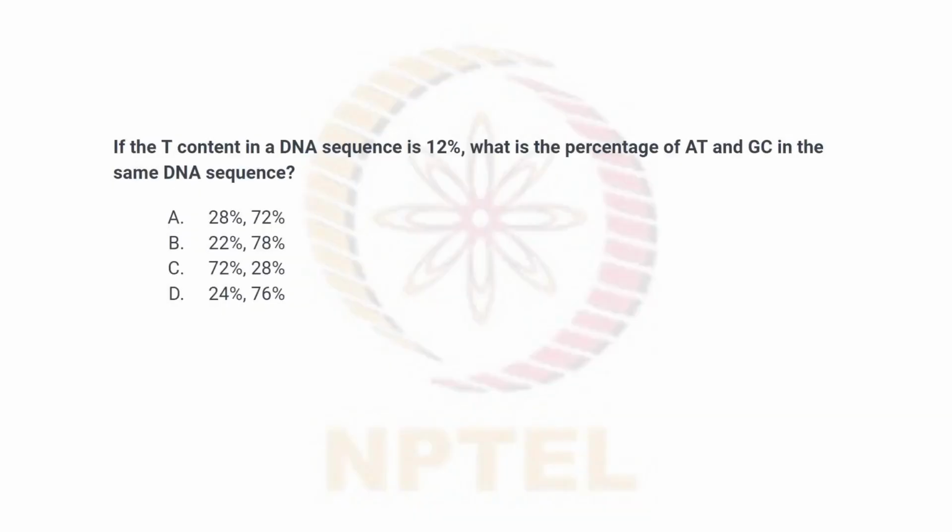So here I have one more question. If T content in a DNA sequence is 12%, what are the AT and GC content in the same DNA sequence?